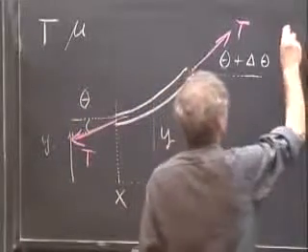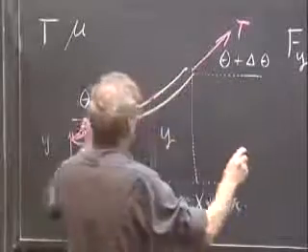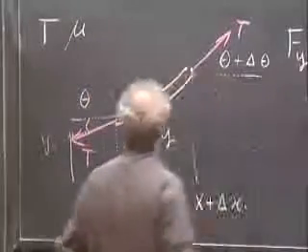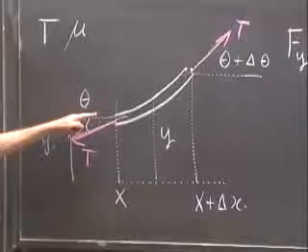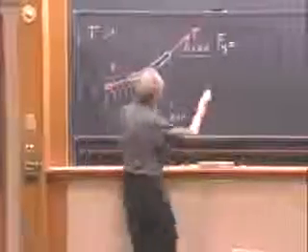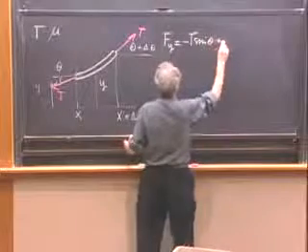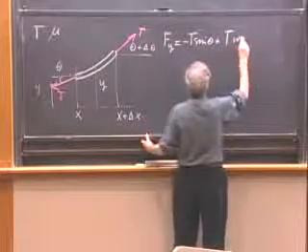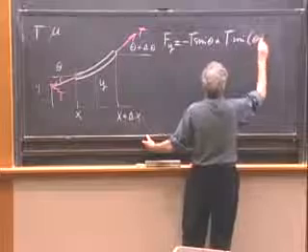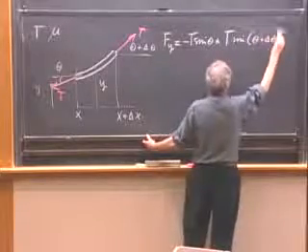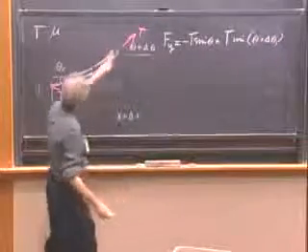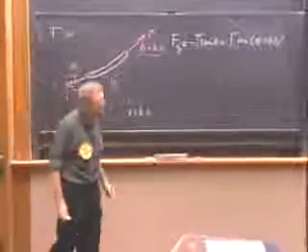And so F of y on this segment is then minus T sine theta, because this component is down, minus T sine theta plus T sine theta plus delta theta, because this component in the y direction is driving it away from equilibrium.